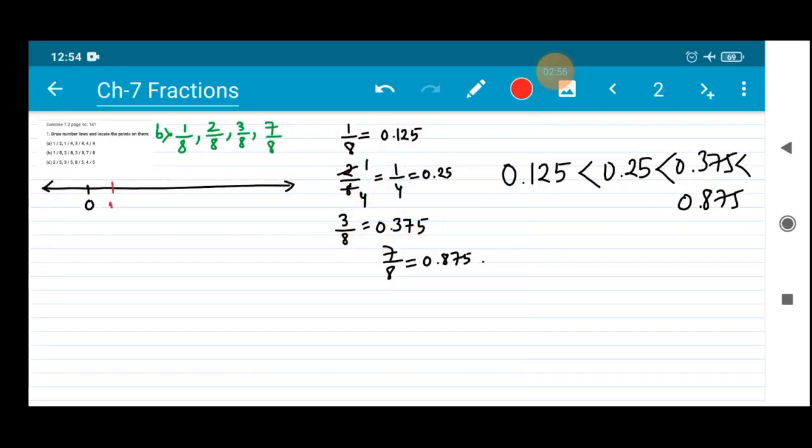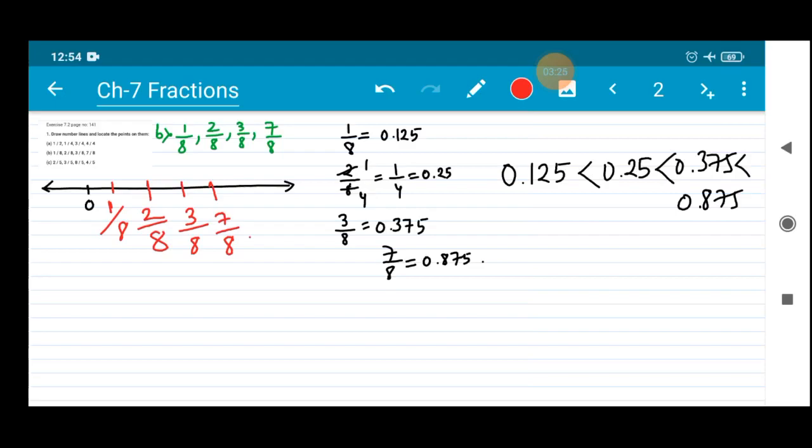Let's not write in decimal form, let's write it in fraction form only. Then we have 0.25, which is 2 by 8, or you can write 1 by 4 also, not a big deal. Then 3 by 8, in systematic order, then 7 by 8.